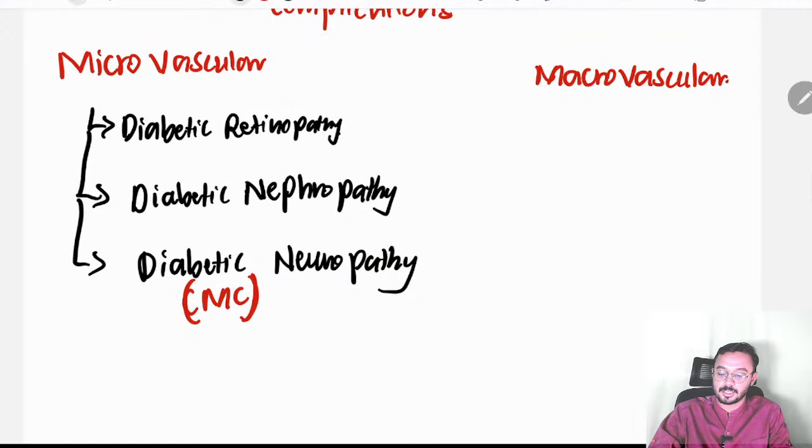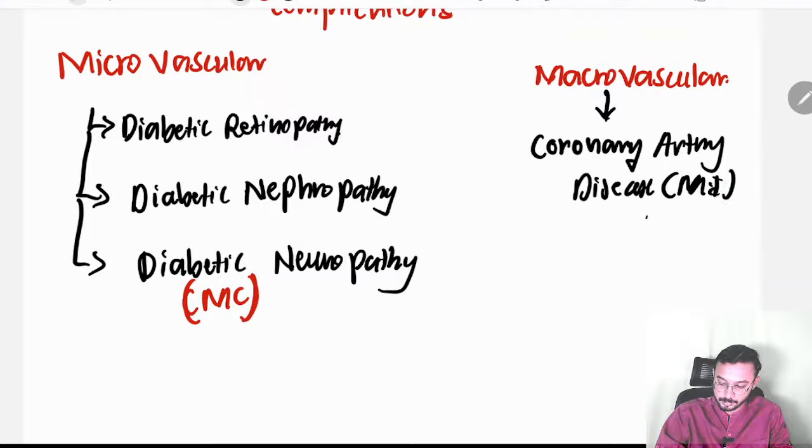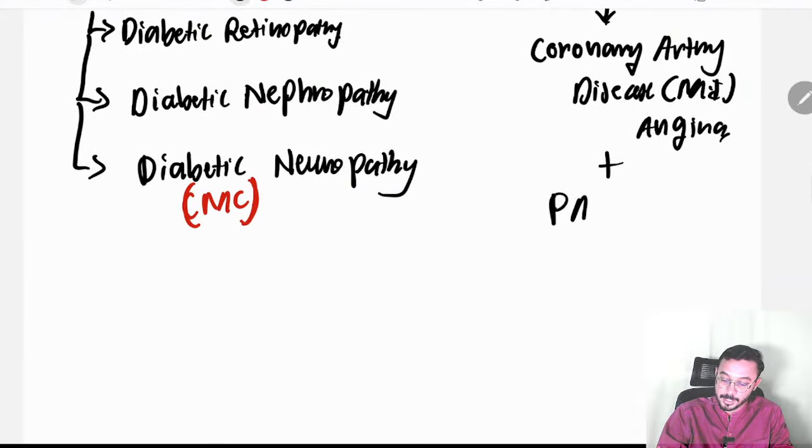And when you come to macrovascular complications, there is coronary artery disease. The person may develop coronary artery disease such as MI or angina. And the patient may develop peripheral arterial disease.